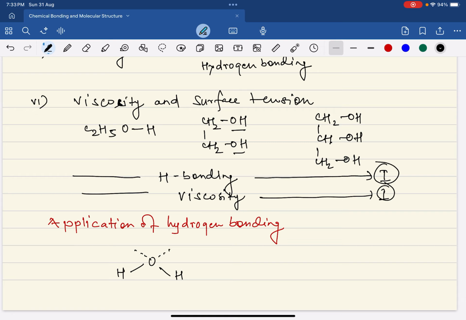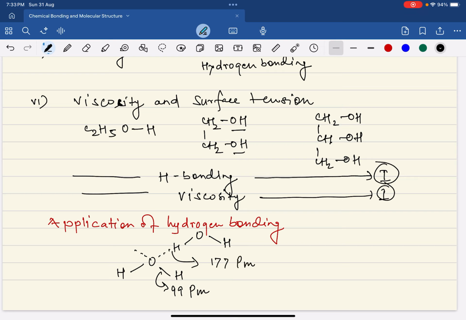So one molecule of water is attached with 4 different molecules of water tetrahedrally, and they form hydrogen bonds. The covalent bond length in water is 99 picometer, but the hydrogen bond is 177 picometer.